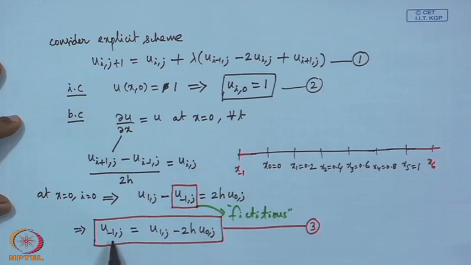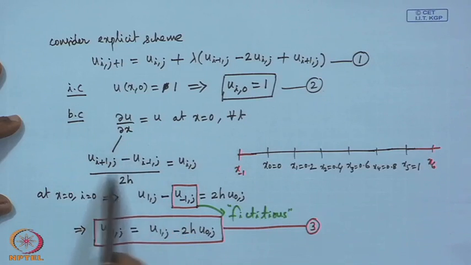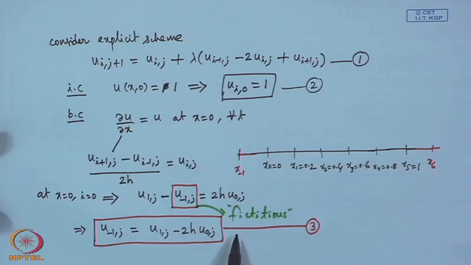So, we have a fictitious value getting introduced because of the discretization of the derivative boundary condition at one of the boundaries. That fictitious value we have written explicitly.